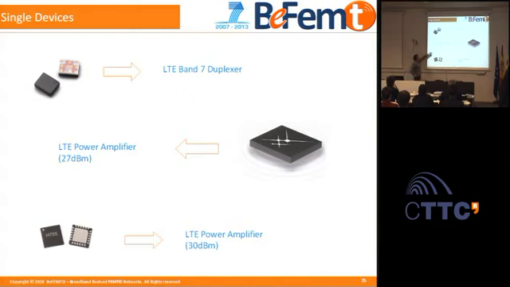This is a power amplifier of 3 by 3 millimeters, 27 dBm. And this is another LTE power amplifier of 30 dBm, 1 watt, in 4 by 4 millimeters, I guess. I don't remember well, but you can see examples of single devices.